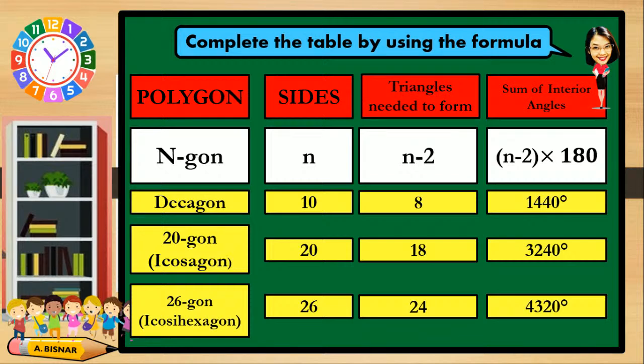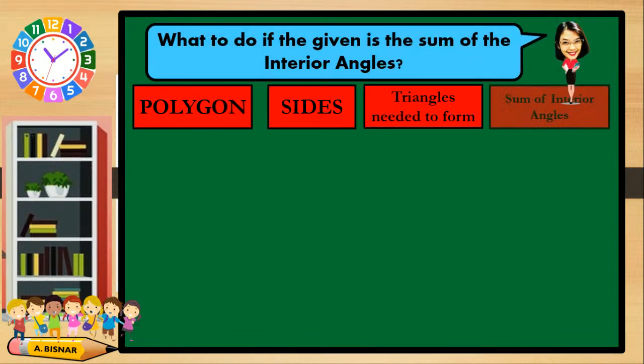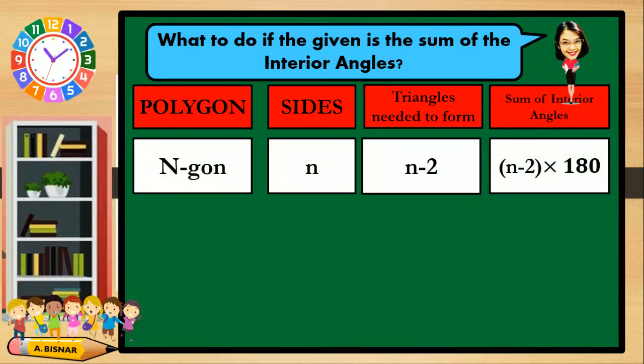Okay? For example, in here, this is the formula that we are using. So, after knowing the number of sides, we subtract 2. And after we subtract 2, we multiply it to 180.